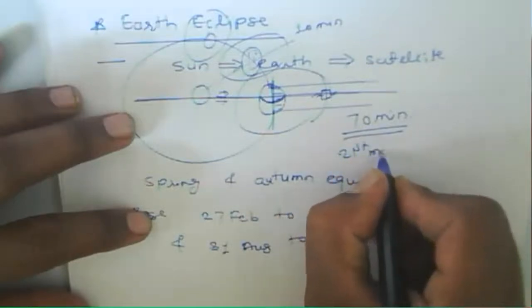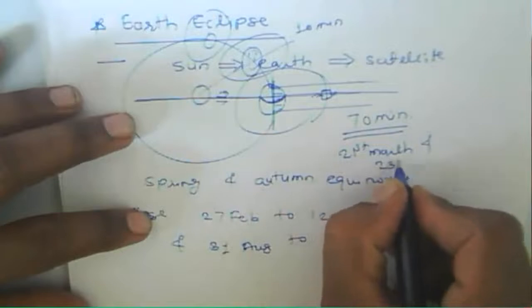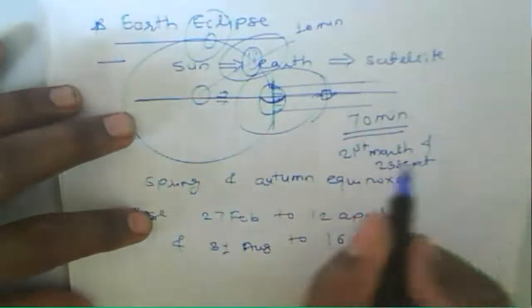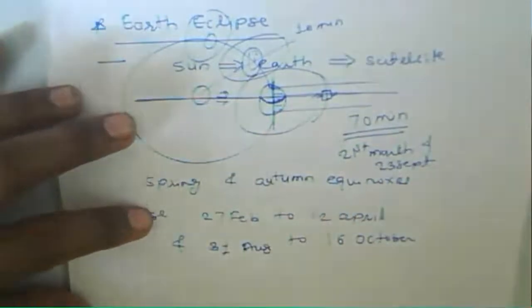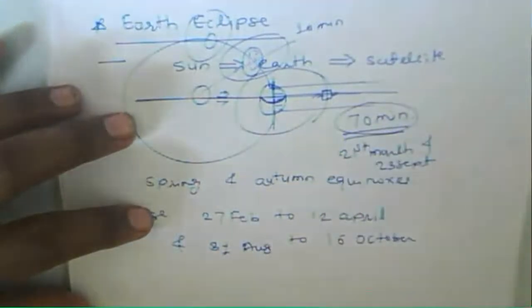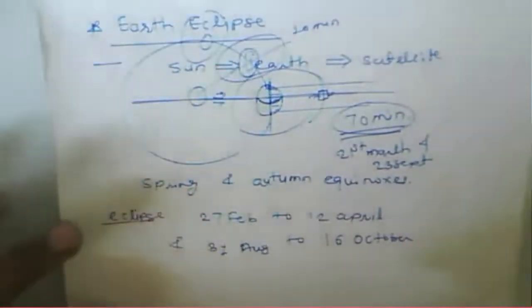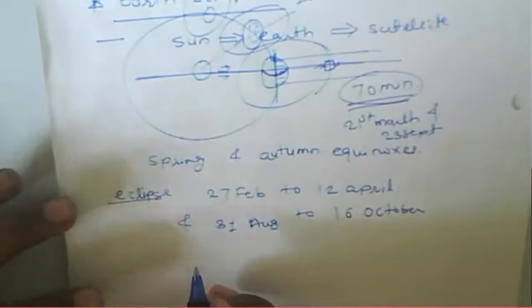At the equinox, on 21st March and about 23rd September, the duration of that particular eclipse will be 70 minutes.